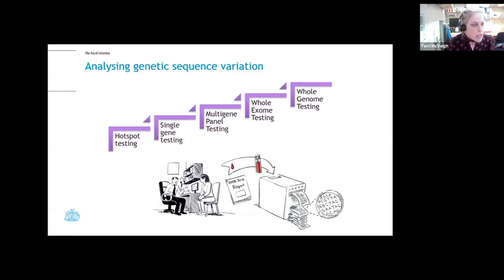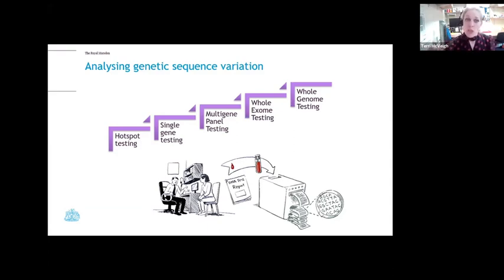Let's focus a little bit on the technical approaches to identifying these kinds of gene variants, because obviously we're in the genome generation. The whole genome test is hurtling rapidly towards being available for diagnostic testing pretty routinely. In the very simplest way of doing genetic testing, you can literally look for specific variants. Hopefully this audience is very familiar with the BRAF V600E variant that occurs in melanoma and in other cancer types.